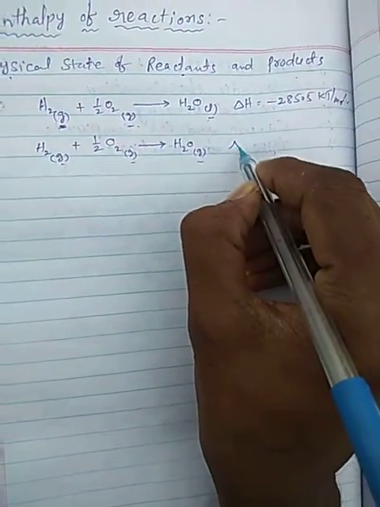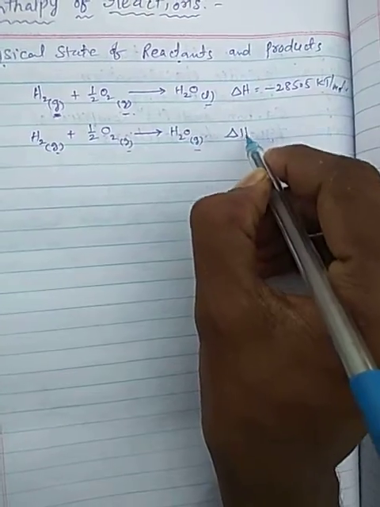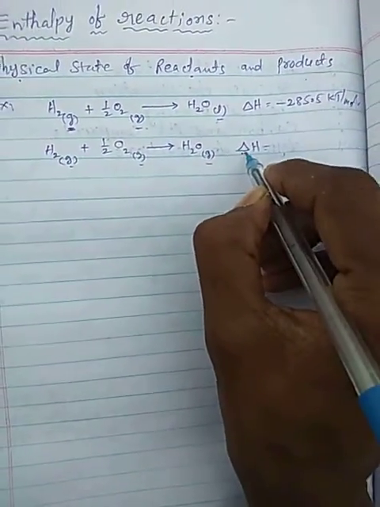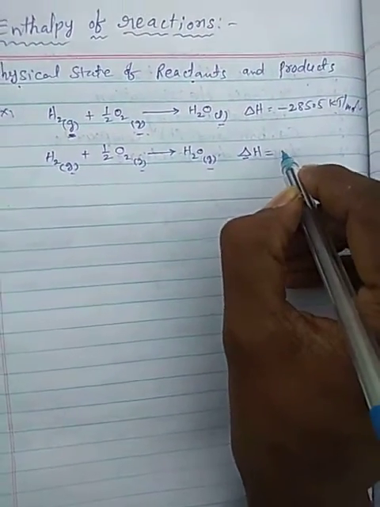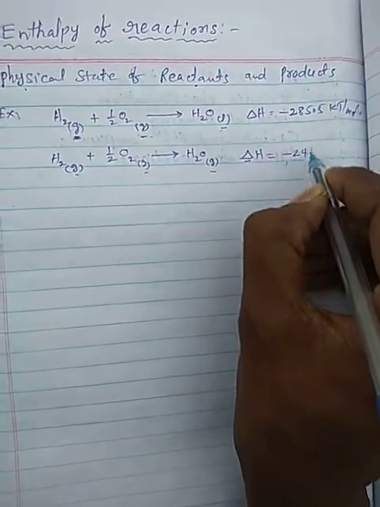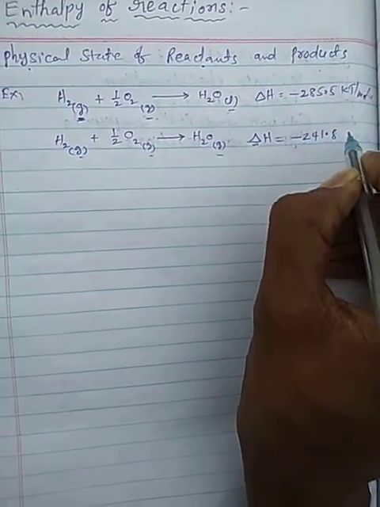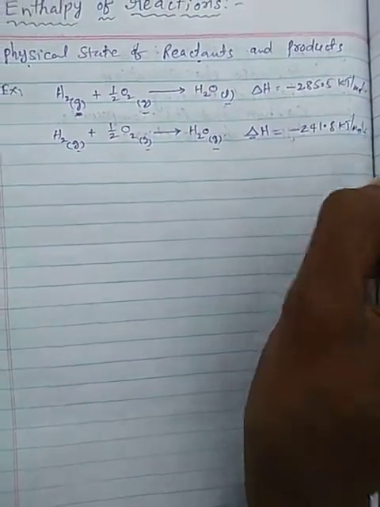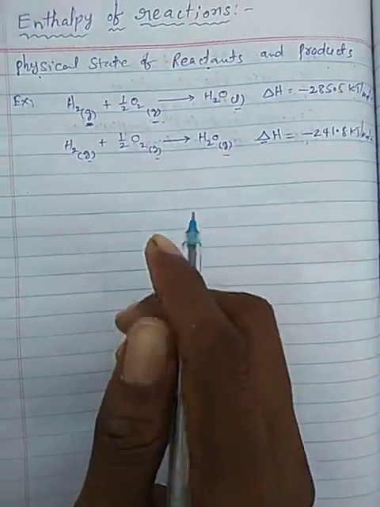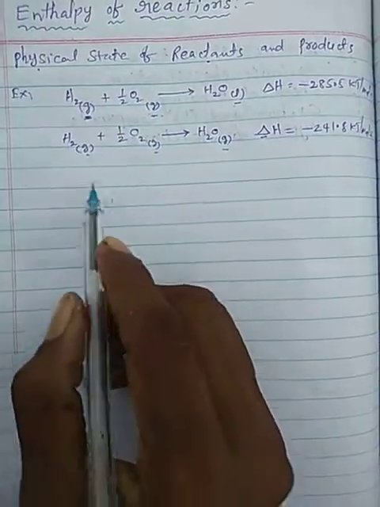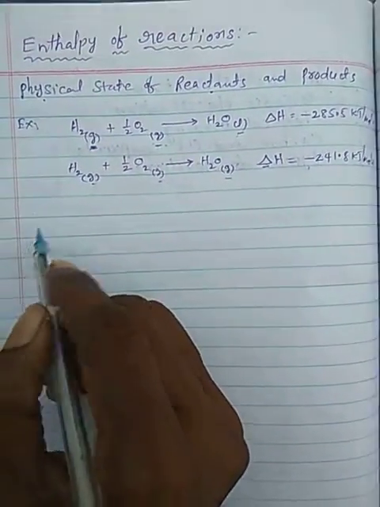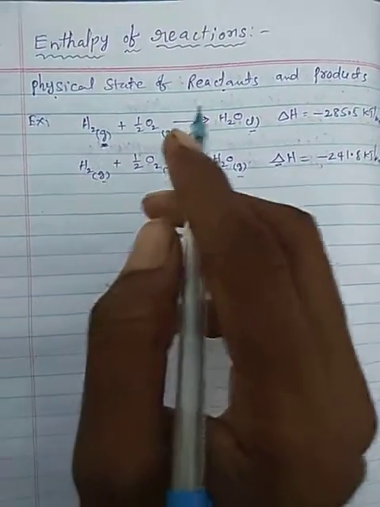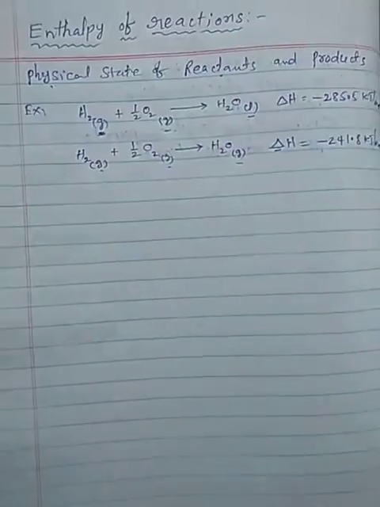Then the change in enthalpy of reaction becomes minus 241.8 kilojoule per mole. The difference between the two values is due to the difference in the physical state of water.